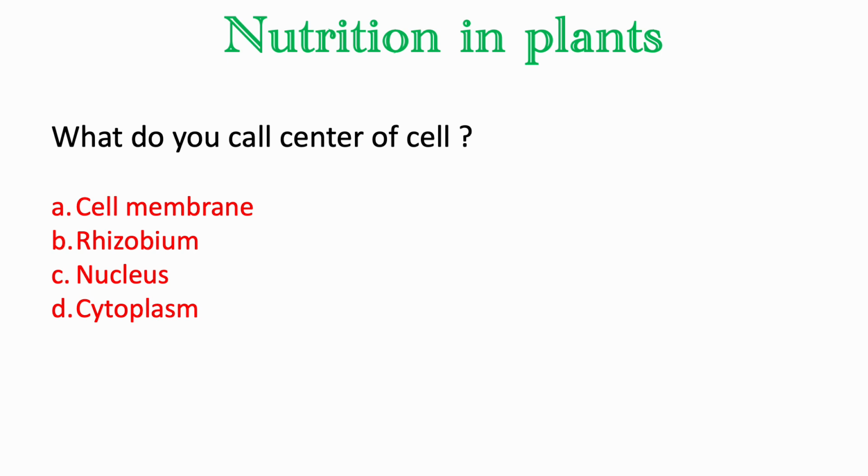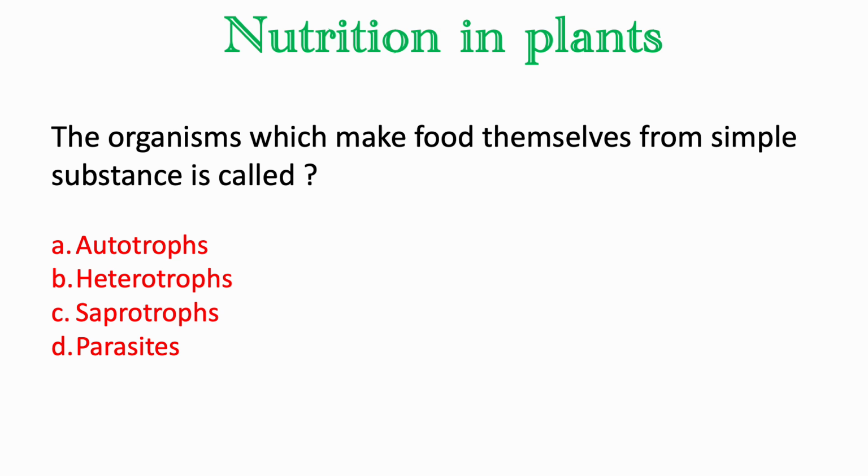Option, cell membrane, rhizobium, nucleus, and cytoplasm. Correct answer is option C, nucleus. Next, the organisms which make food themselves from simple substances are called: option, autotrophs, heterotrophs, saprotrophs, and parasites. Correct answer is option A, autotrophs.